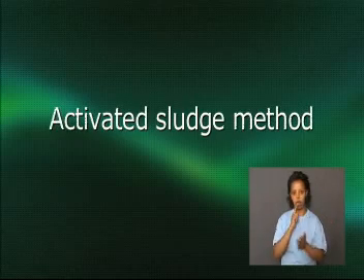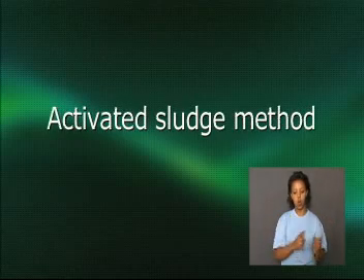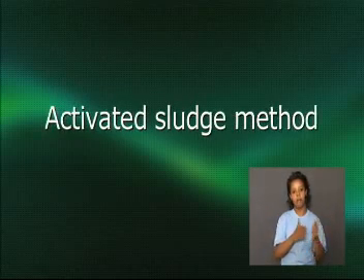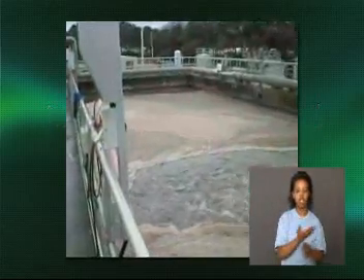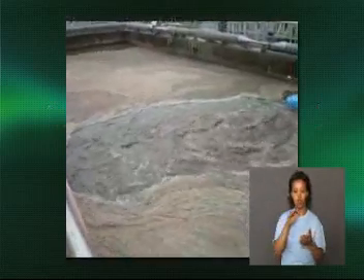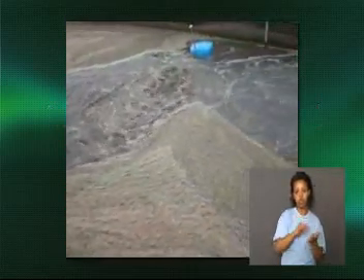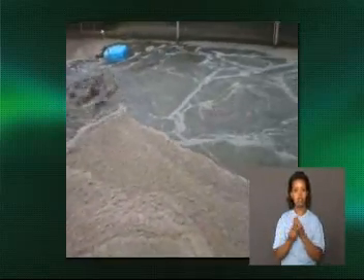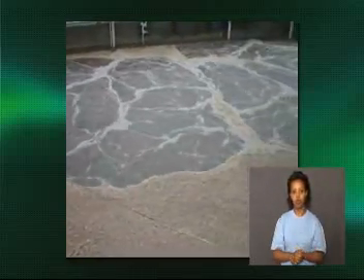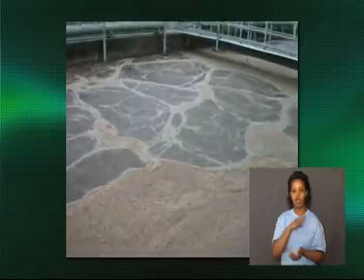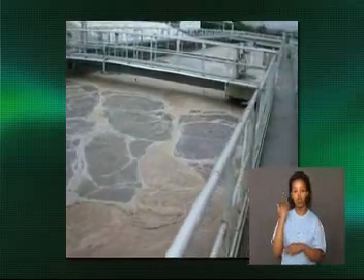Similar to the percolating filter method, sewage is strained in a settlement tank. The sewage is then pumped into treatment tanks where activated sludge is added. Activated sludge is the runoff from a previous treatment.